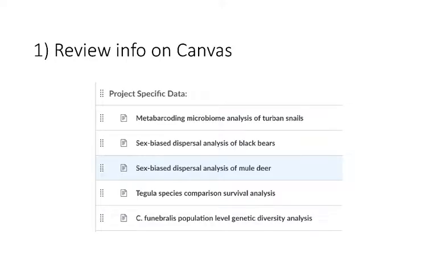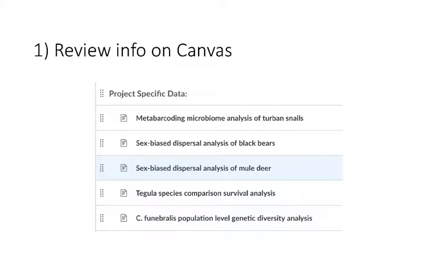Okay, so we know now what we want to include, so how do you actually go about creating this section for your group project? Like I talked about before, the first thing you want to do is review the information I gave you on Canvas, especially for that data collection section where you're talking about what was done before you got the data.